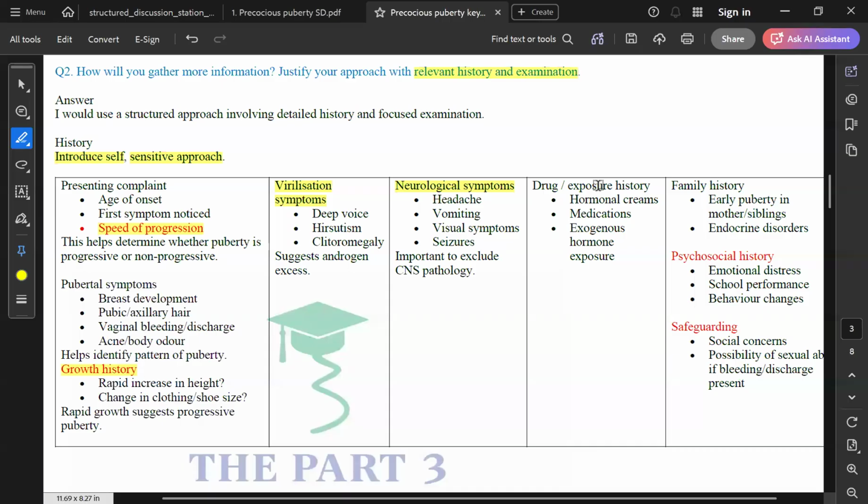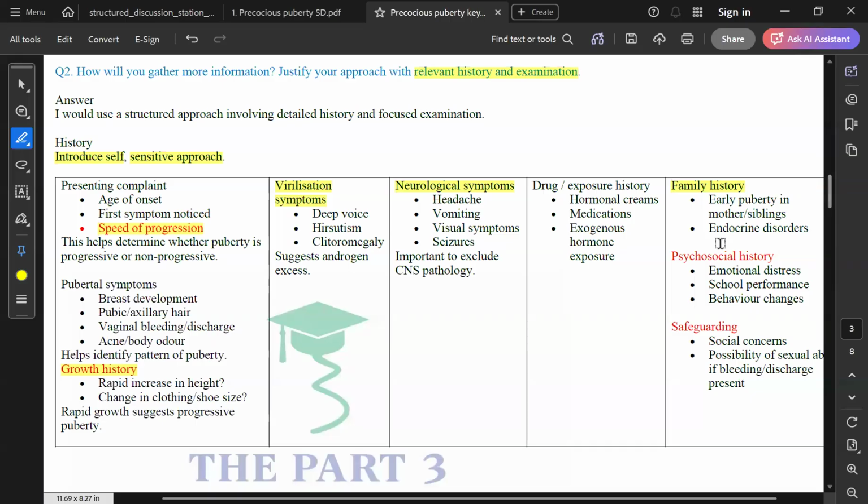So I would be asking about hormonal creams, whether she came across any cosmetics or any pills that she could have got her hands on. And family history is very important, whether this child is an adopted child. And what about her mother or her siblings? What kind of course did they have around their puberty? You would need to establish this.